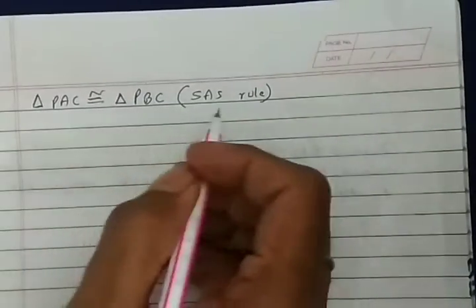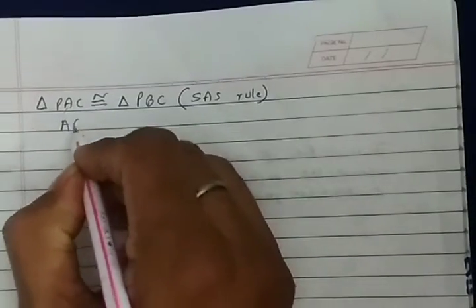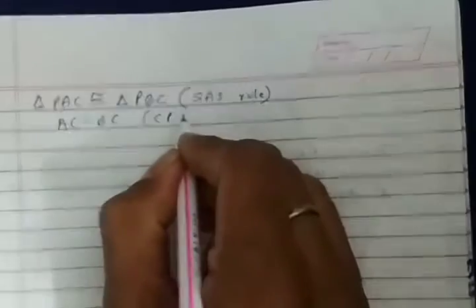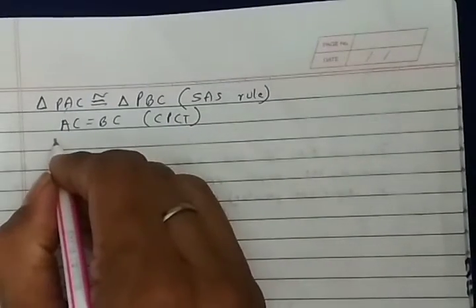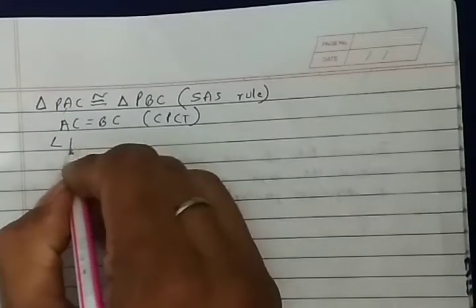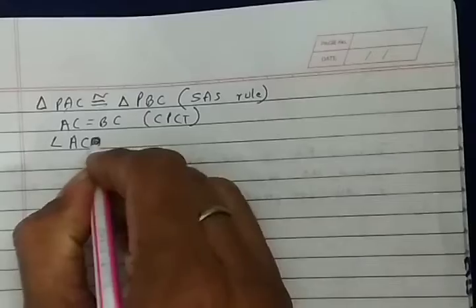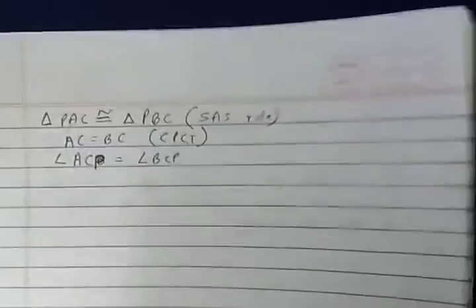One included angle and two sides are equal. So now we can say that AC equal to BC. We can say this by corresponding parts of congruent triangles, right? Now angle ACP equal to angle BCP, right?